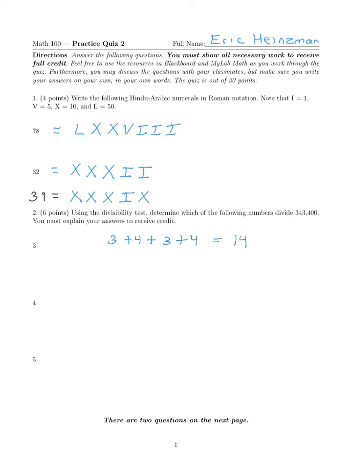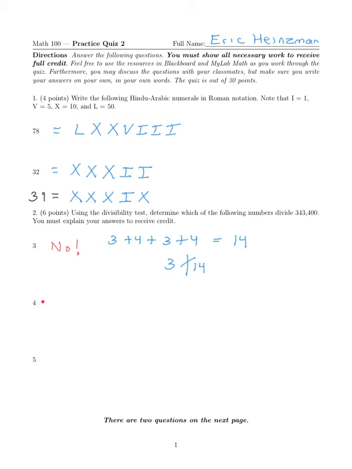Now the question is, does 3 divide the sum of the digits? Does 3 divide 14? In fact, the answer is no, it does not. Because 3 does not divide the sum of the digits, 3 does not divide this number. So I'll say for this one, no, 3 does not divide this.